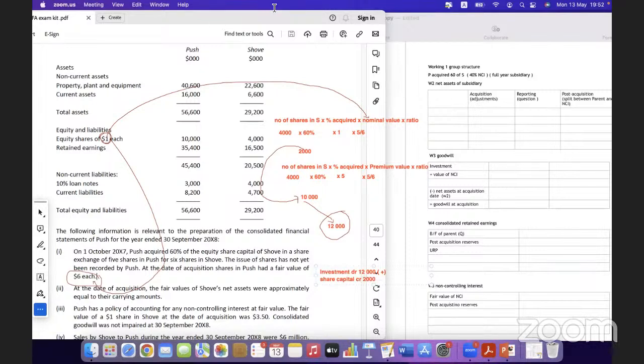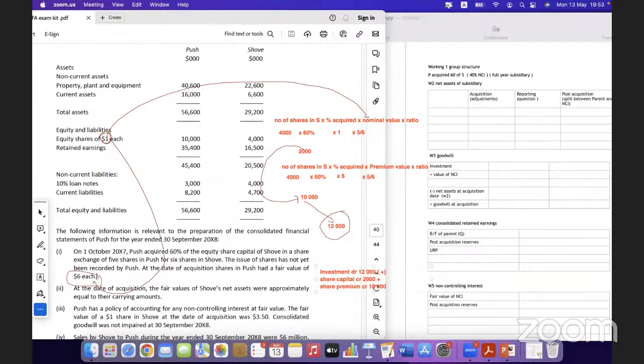For those who don't know, normally in the share capital account, we always record the nominal value. So share capital credit means plus. Why plus? If you issue shares, the share capital increases. And then on the other hand, share premium will become credit 10,000.